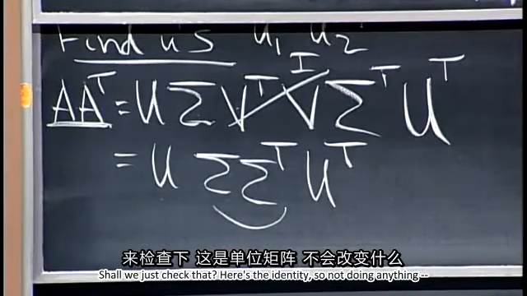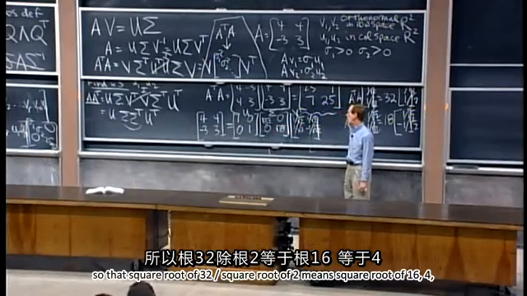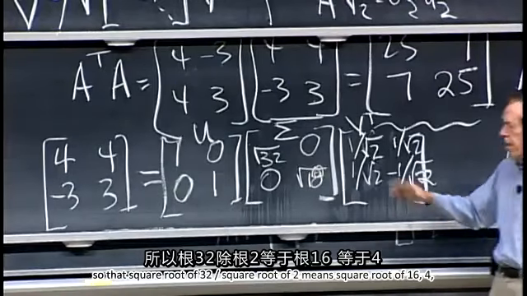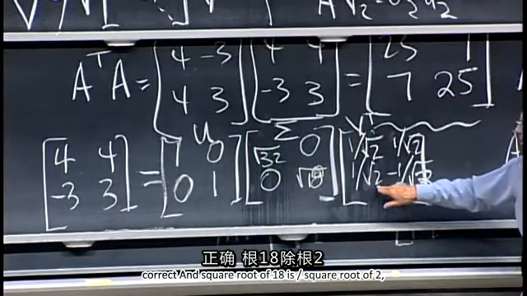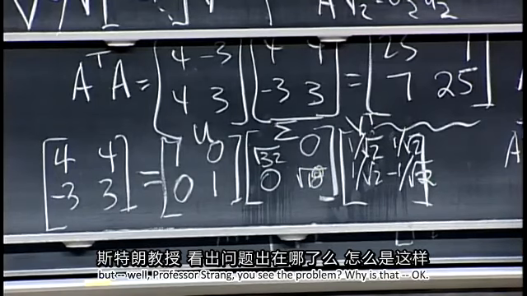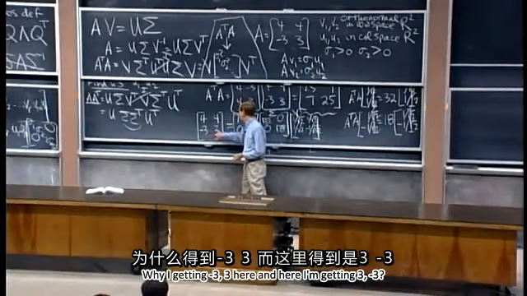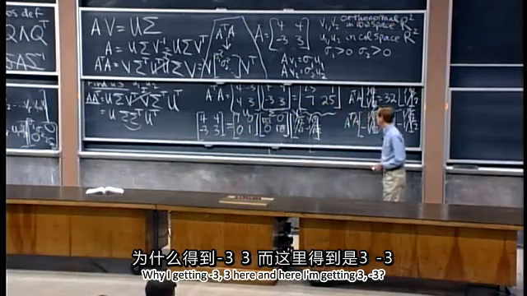Here's the identity, so not doing anything. Square root of 32 is multiplying that row. So that's square root of 32 divided by square root of 2 means square root of 16, 4, correct? And square root of 18 is divided by square root of 2, so that leaves me square root of 9, which is 3, but, no, Professor Strang, you see the problem. Why am I getting minus 3, 3 here, and here I'm getting 3 minus 3?